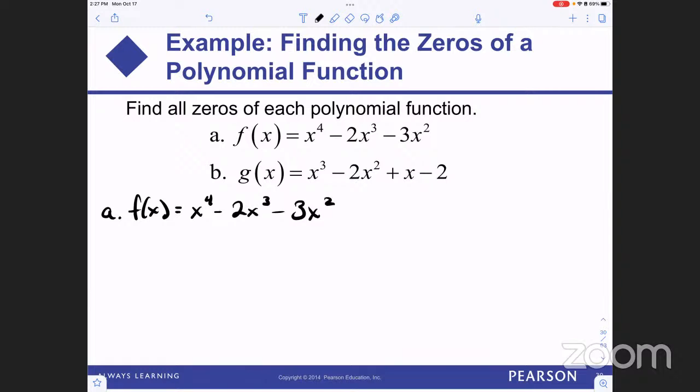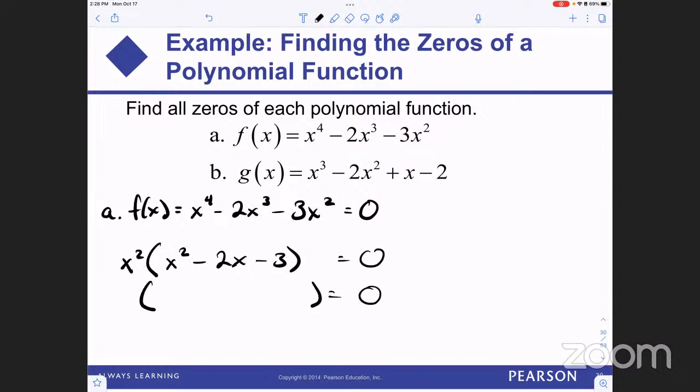If we're asked to find the zeros, we want to go ahead and set this equal to 0 and solve. So we have these 3 terms. If we want to solve this, it's a good idea to factor any greatest common factor. In this case, the GCF is going to be x squared. If we factor out an x squared from each term, we're going to be left with x squared times x squared minus 2x minus 3 equals 0.